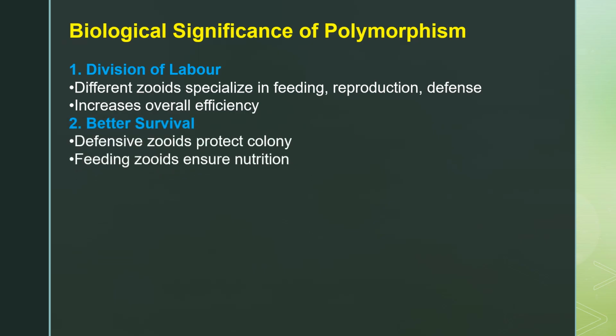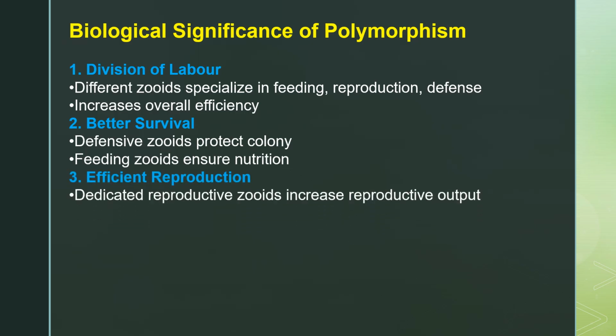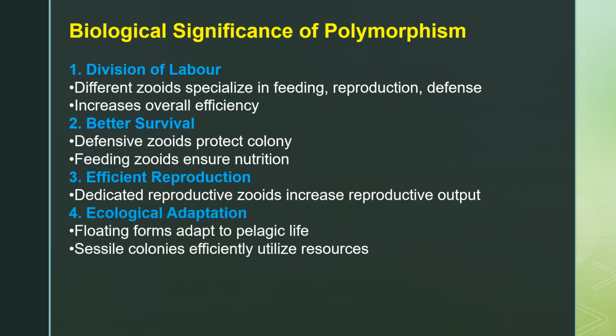Better survival is seen with defensive zooids protecting the colony, and feeding zooids ensure proper nutrition for the colony. Dedicated reproductive zooids increase reproductive output. Then floating forms adapt to pelagic life. Sessile colonies efficiently utilize resources, which shows the ecological adaptation.